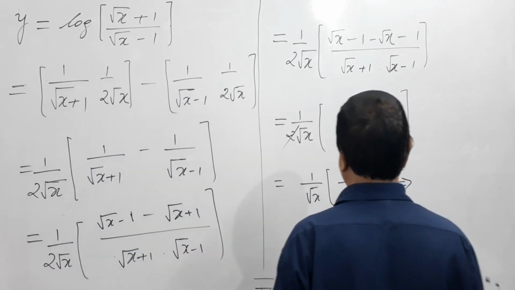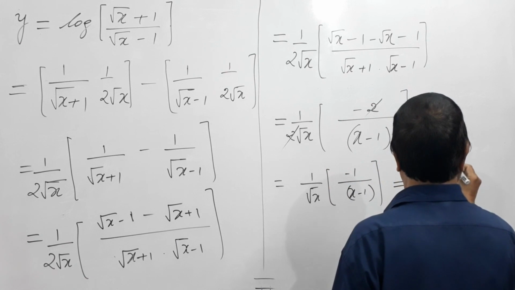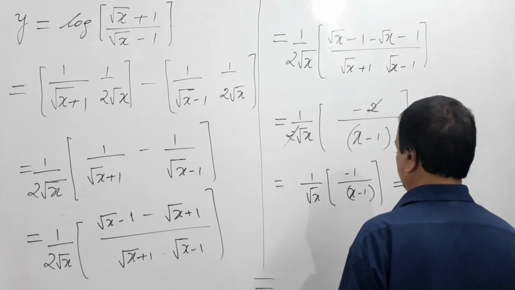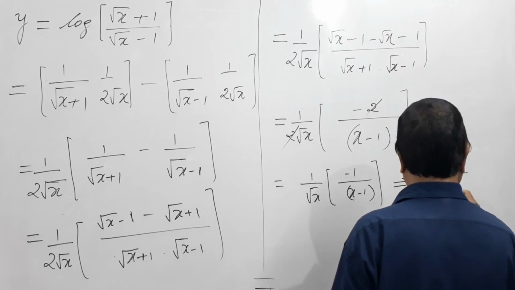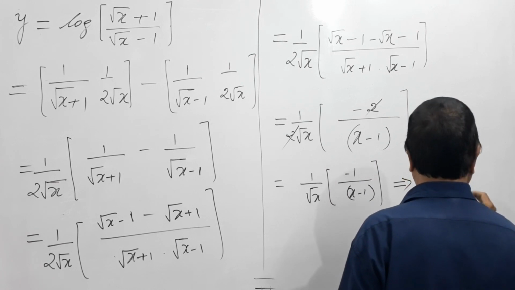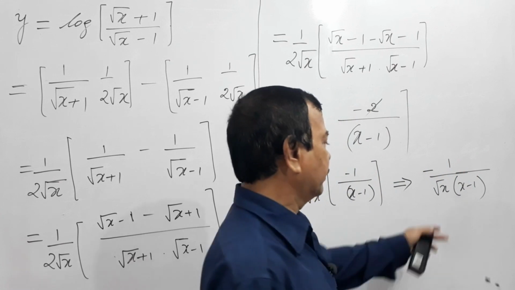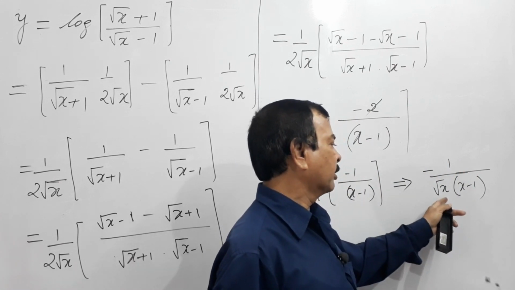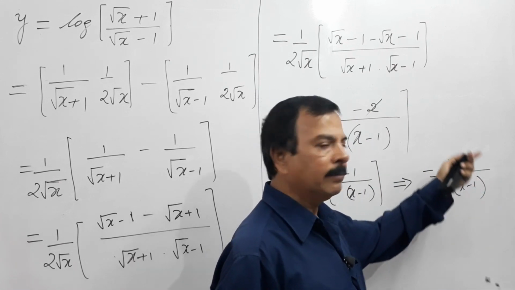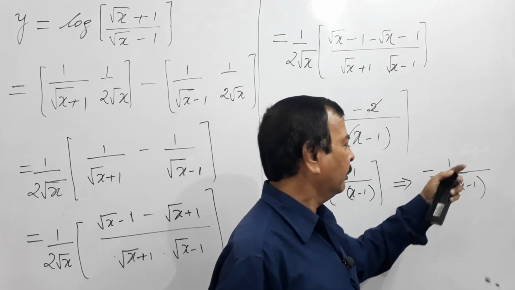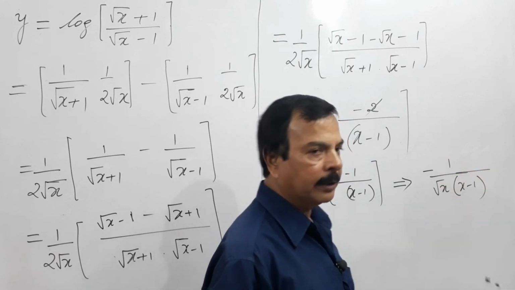So this is nothing but minus 1 by root x into x minus 1. You can stop at this, or you can still multiply, that is x to the power of half into x, that becomes 1.5. So it becomes tedious, you can stop at this.